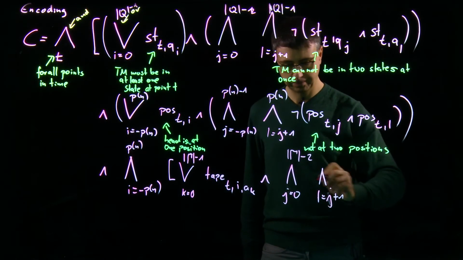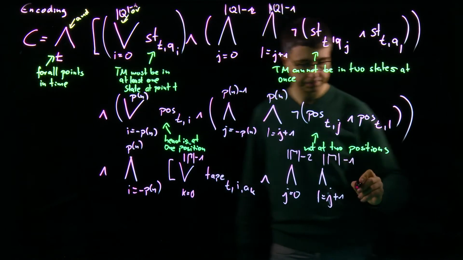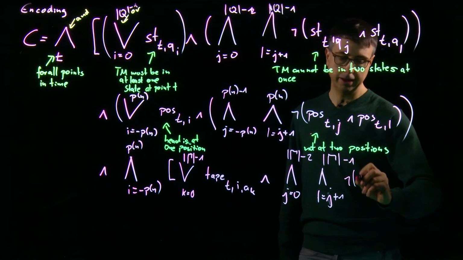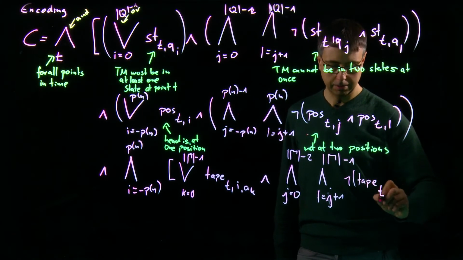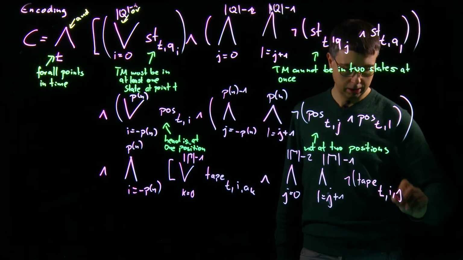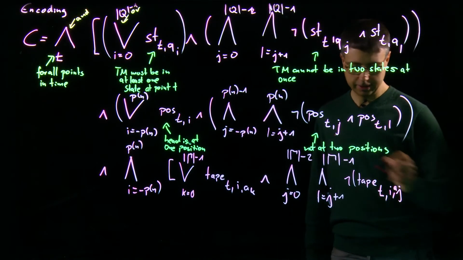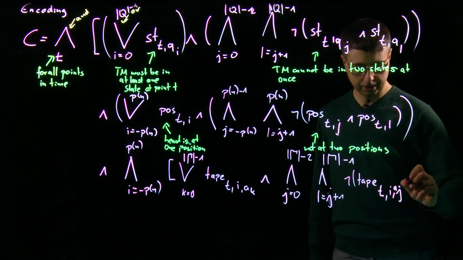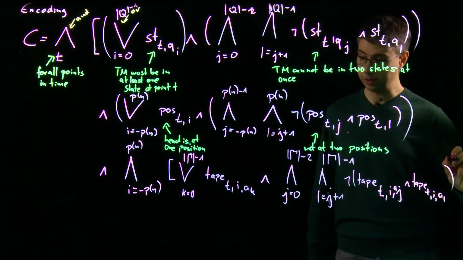This one is a j, and it goes to gamma minus 1. And again, it's not possible that there are two symbols on the tape, so tape at point in time t, position i, this is a_j, the j's symbol, and tape t,i,a_l, and they cannot be true at the same time.